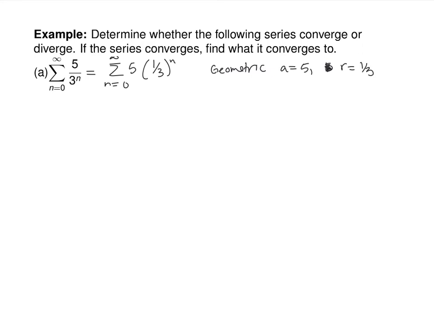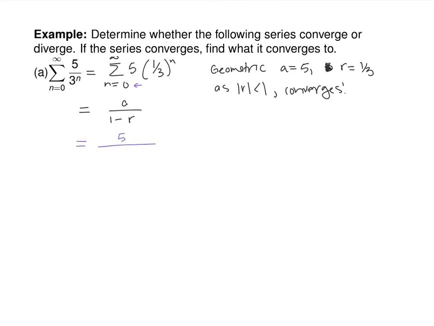So as the absolute value of r is less than 1, this thing is going to converge. And it will converge to a over 1 minus r. Note our sum begins at 0, so that means we can use that formula without any other hassle.